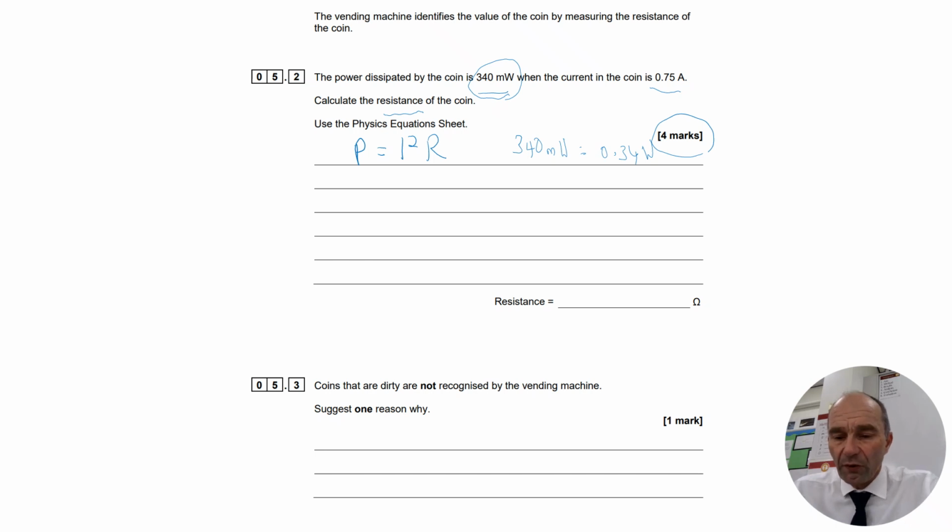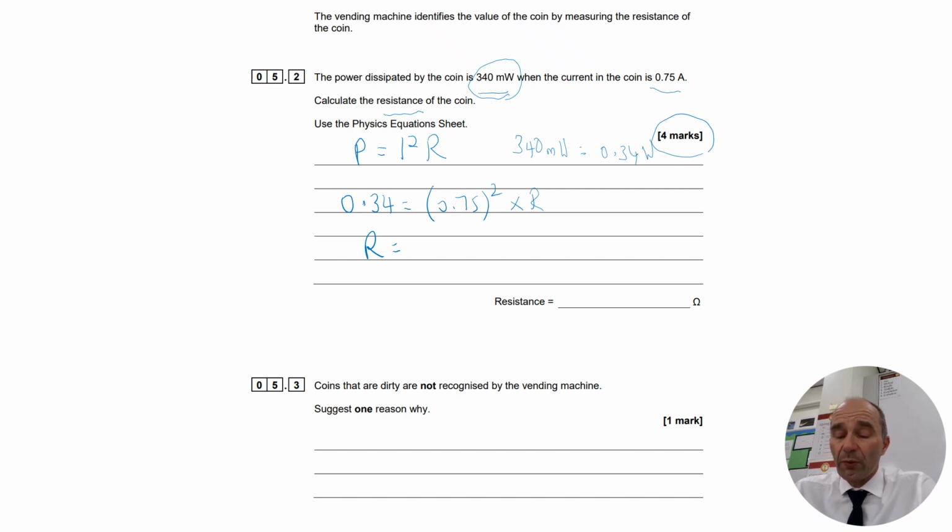So substitute the numbers in. You've got 0.34 equals 0.75, but remember we need to square it, multiplied by resistance. Resistance is what we need to be trying to find out. We've got a second mark there. Our third mark is for making R, the resistance, the subject of the formula.